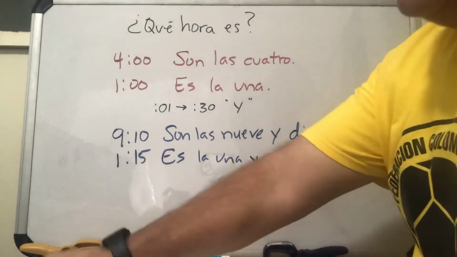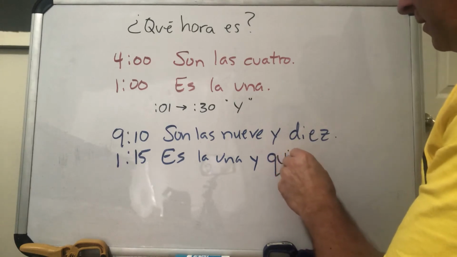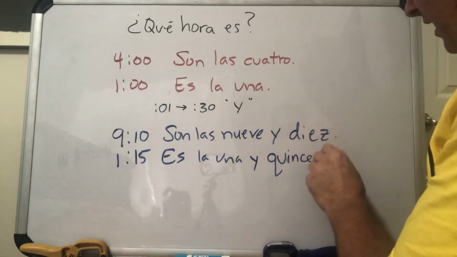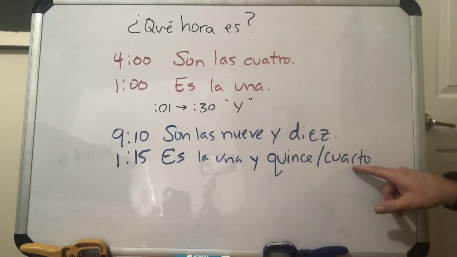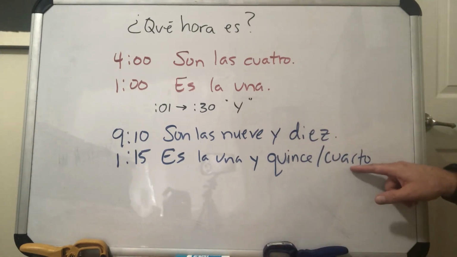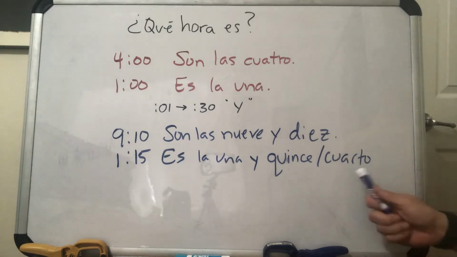That's for 15. Or you could also say cuarto. And again, that goes real old-fashioned. That's a quarter past the hour. A quarter of an hour is 15 minutes because a full hour is 60. So that'd be a quarter.